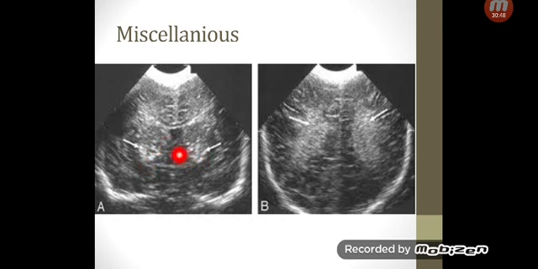The midbrain is getting a bit hyperechoic, and it's identical on both sides. It's bilateral, no variation. You can't really say that it's a unilateral problem, right? So it's a systemic disease. So what do you think is happening here?